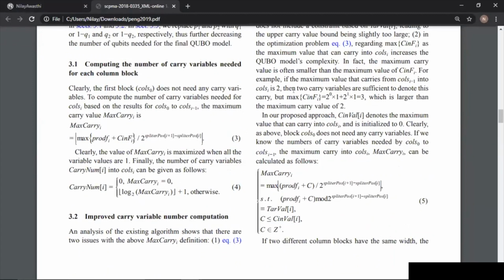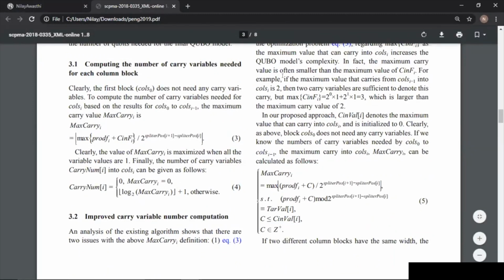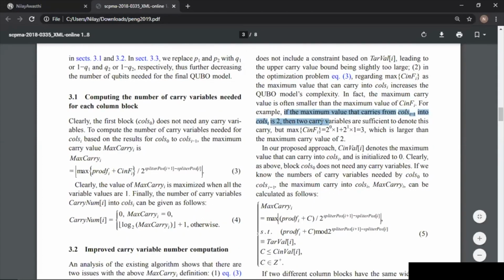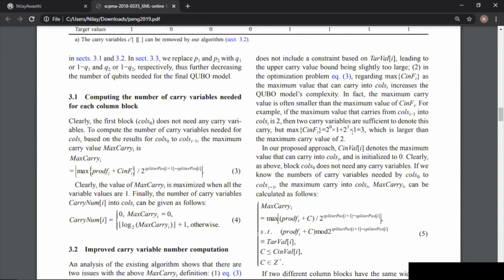So it said that, for example, if the maximum value for column i, taking any one among the columns, is denoted by the C maximum function, which is 2 times the 1 and 2 to the power 1s, you're thinking that both the carries are 1 because it's going to be the maximum carry in for the next iteration.